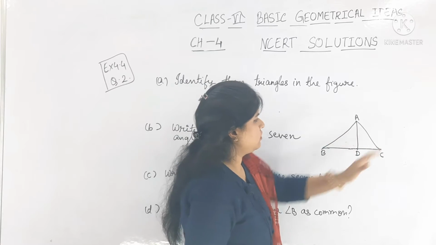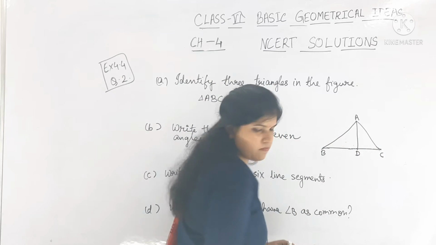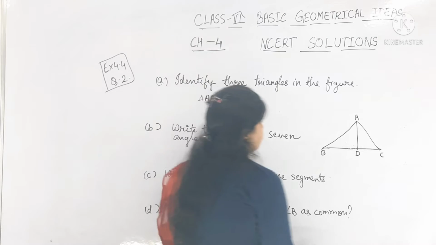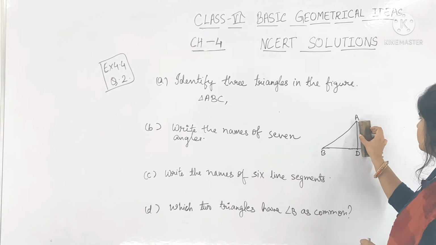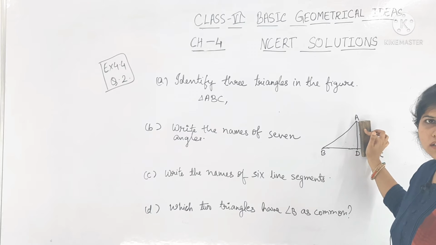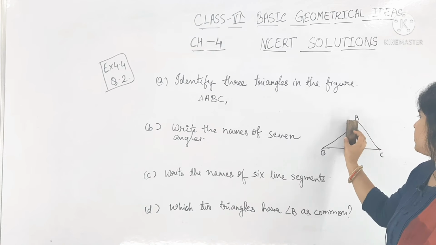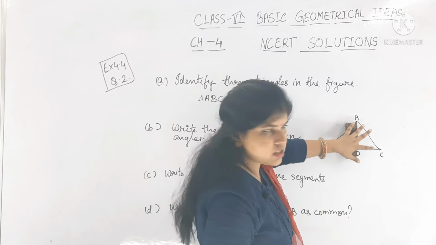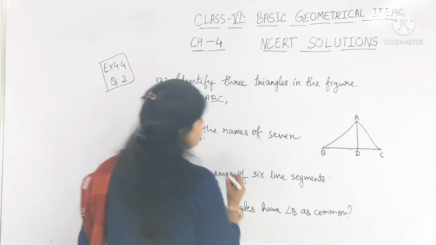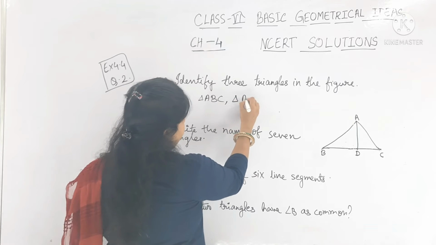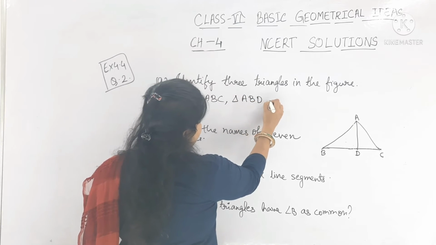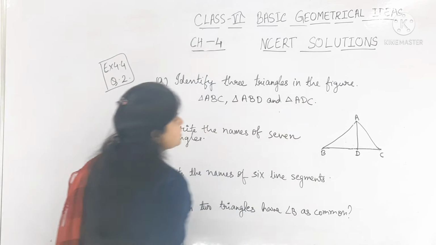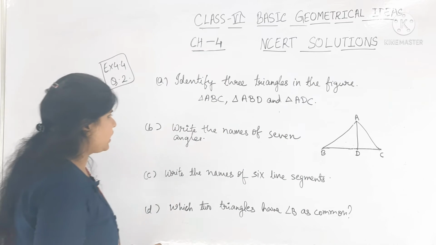You can see here, this is one triangle, and if you see from here, this is one triangle. So total is 3 triangles: ABC, triangle ABD and triangle ADC. So these are the 3 triangles we had identified.